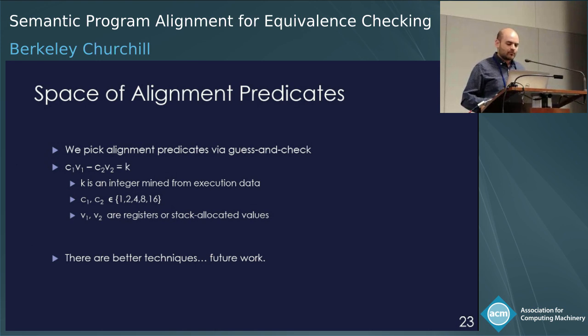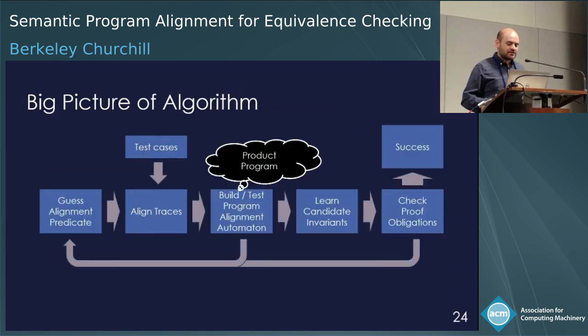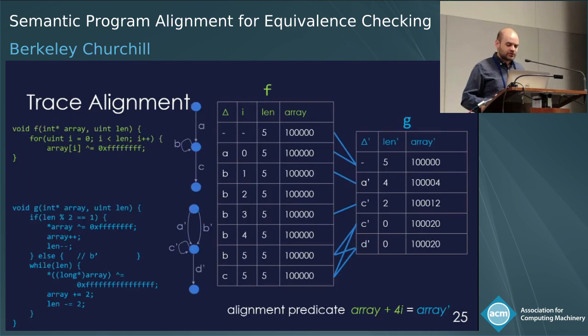So once we actually have the alignment predicate, we can go and find these corresponding pairs of paths. What you can do is take two of these edges that we've drawn in, and you can really pick any two that you want ultimately.